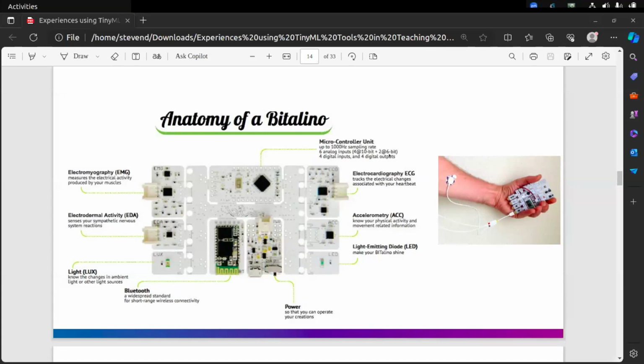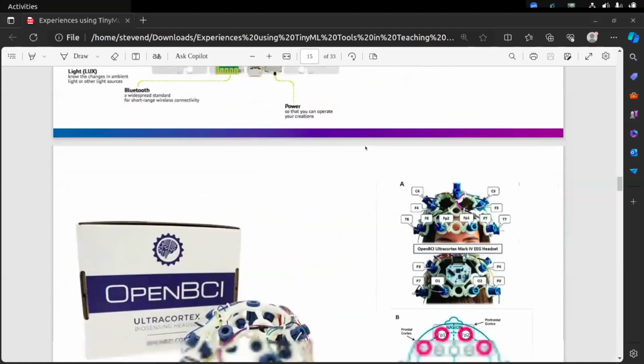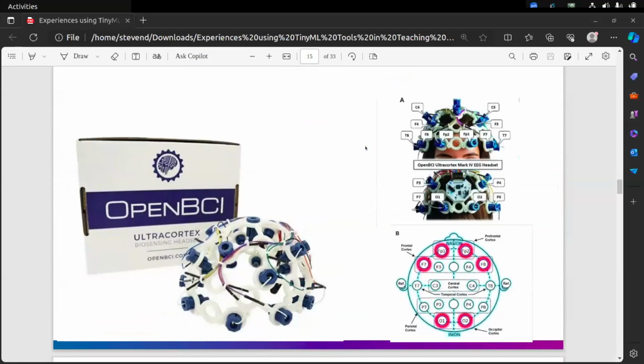Vitalino has the capability to send data over Bluetooth. The other kit that we use is OpenBCI. OpenBCI is a headset that acquires EEG signals, and it is in fact a platform in which a student can acquire the data, and using this platform can apply filters or analyze frequency aspects.